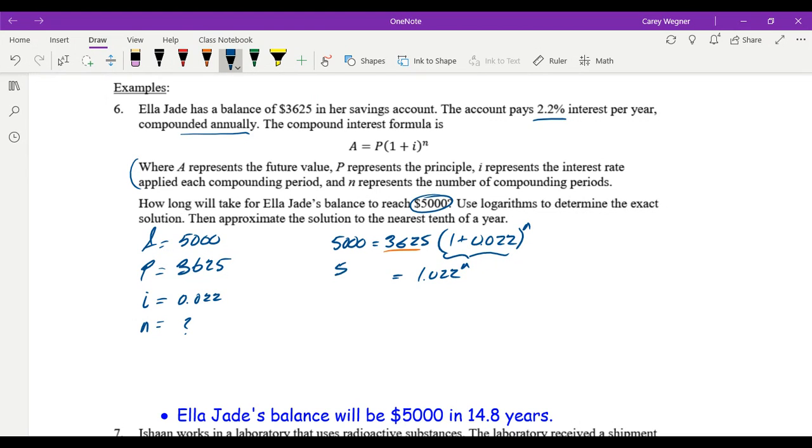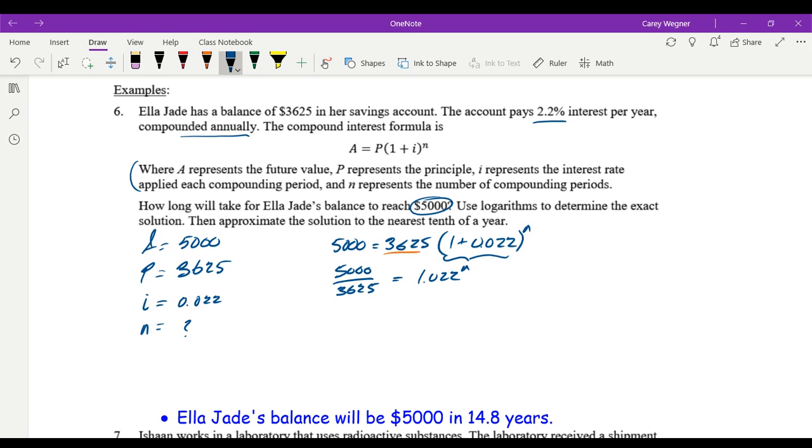So I'll have 5,000 divided by 3625. Well, if I do 5,000 divided by 3625, I'm going to get a long decimal number. And I don't want to use rounded values in my calculations, so I could store that in memory for future calculations, or I can just leave this as a fraction. So for now, I'm going to leave it as a fraction.